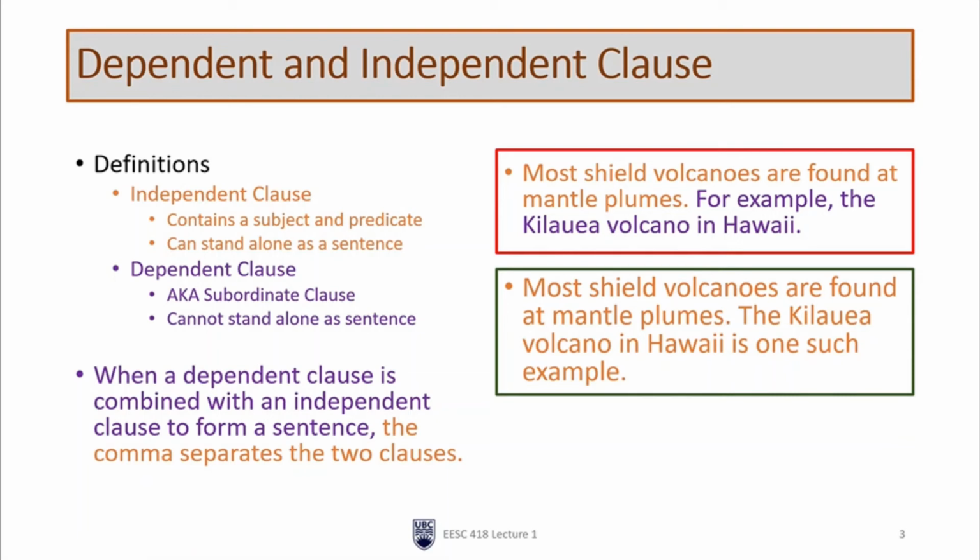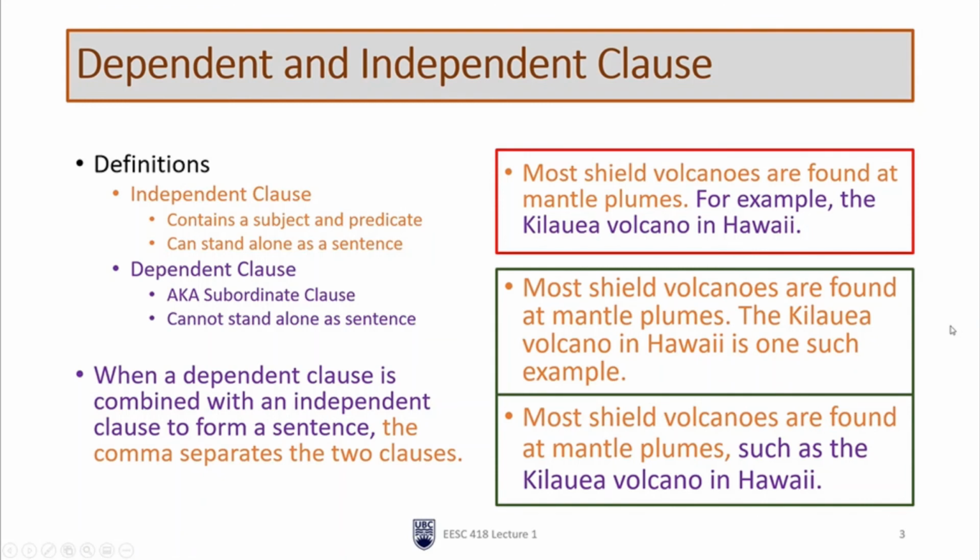So the way I've fixed these two sentences is to make the second sentence an independent clause, and the way I've done that is to add a predicate to the sentence which is missing one. So for example, the Kilauea volcano in Hawaii, which is not a standalone sentence, can become a standalone sentence by adding the predicate, which I've added as is one such example.